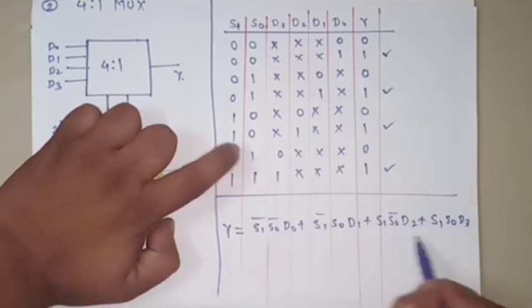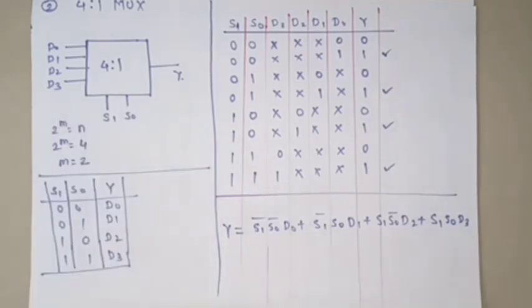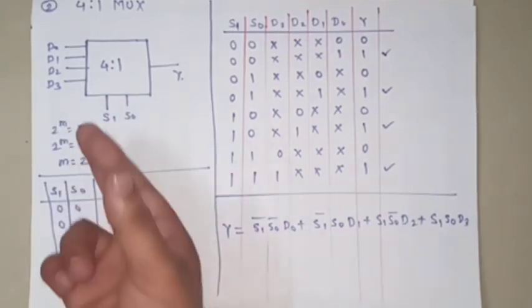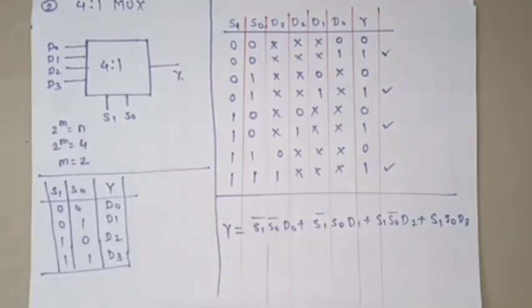So this is our final equation for the 4:1 mux. When we implement this equation using logic gates, we will be able to design such a 4:1 mux.